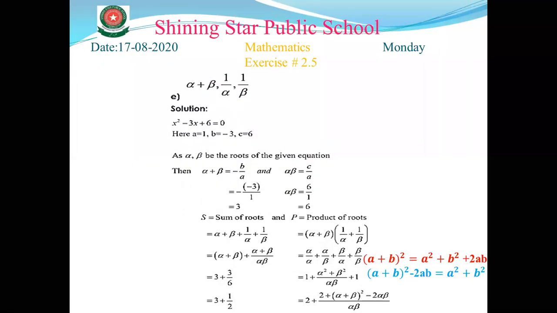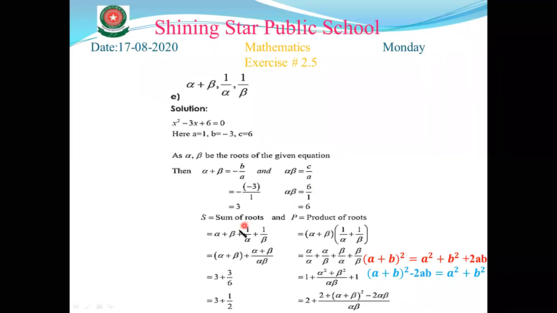Next is part E, alpha plus beta, 1 over alpha, 1 over beta. Okay. Now the sum of the roots, again alpha plus beta is minus b over a, it becomes 3, alpha beta is c over a, means 6 over 1 is 6.